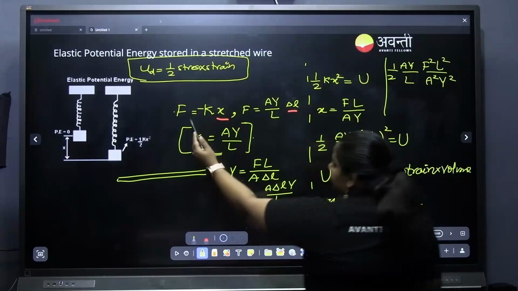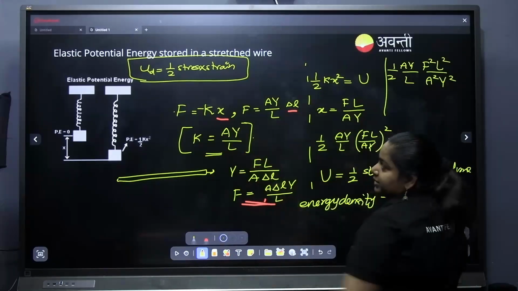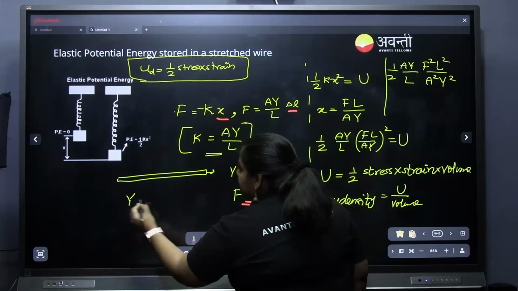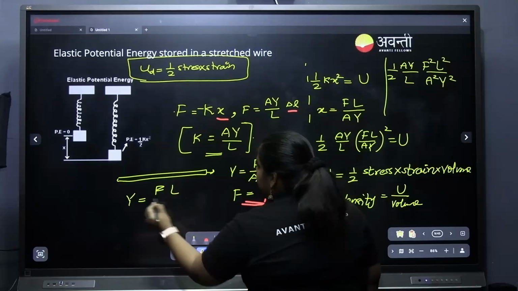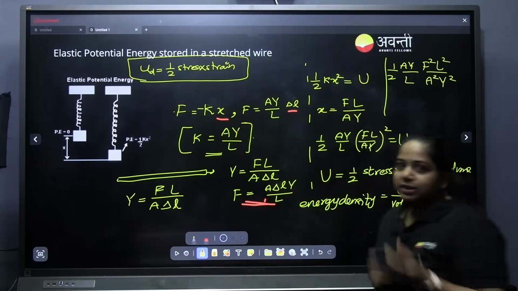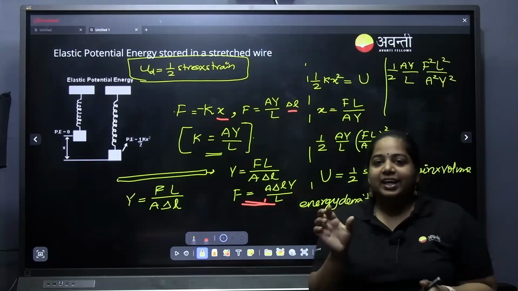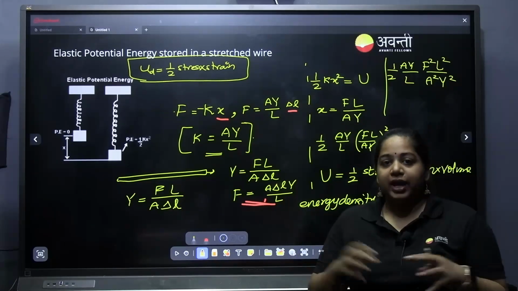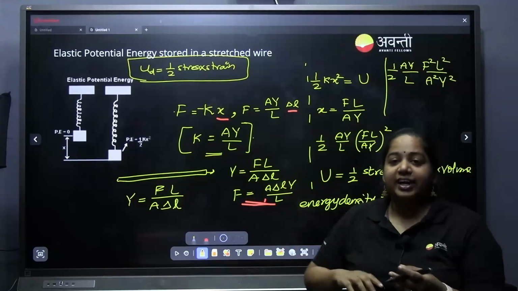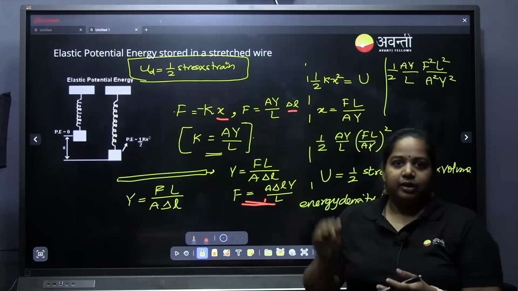See, we are comparing these two equations, right? So, Y equal to FL by A delta L. This is the formula for Young's modulus. Delta L is the extension or extra length, same as x. x is the extra length in spring, right?